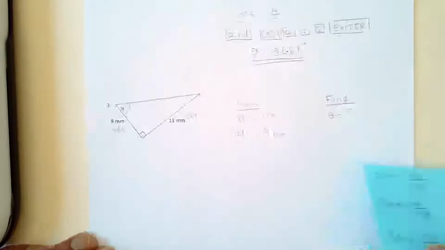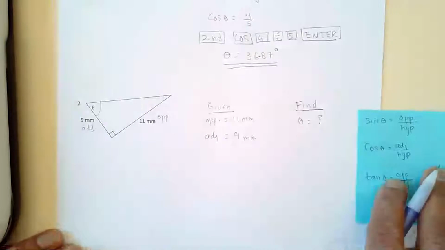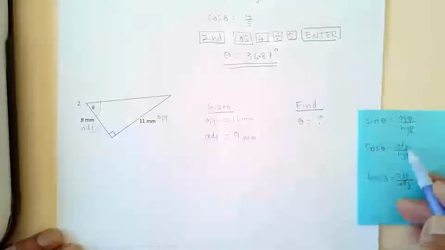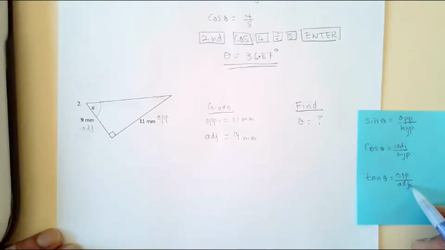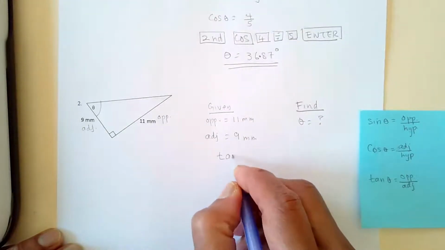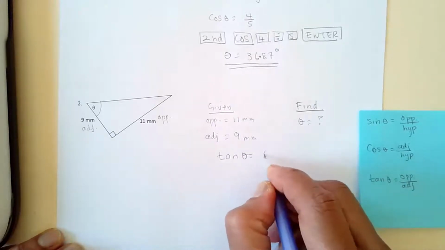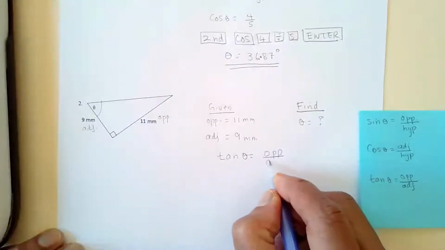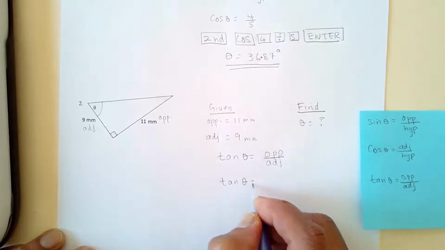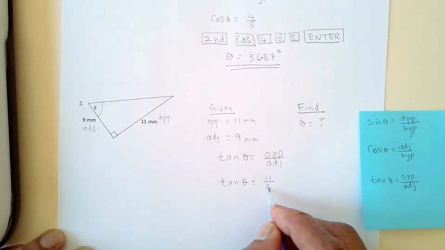So I'll return to my trig reference ratios: opposite and adjacent, opposite and hypotenuse, no, adjacent and hypotenuse, no, but here opposite and adjacent is tangent, so we'll use tangent. Tangent theta is opposite over adjacent. So now substitute the values. We have 11 as opposite over 9.